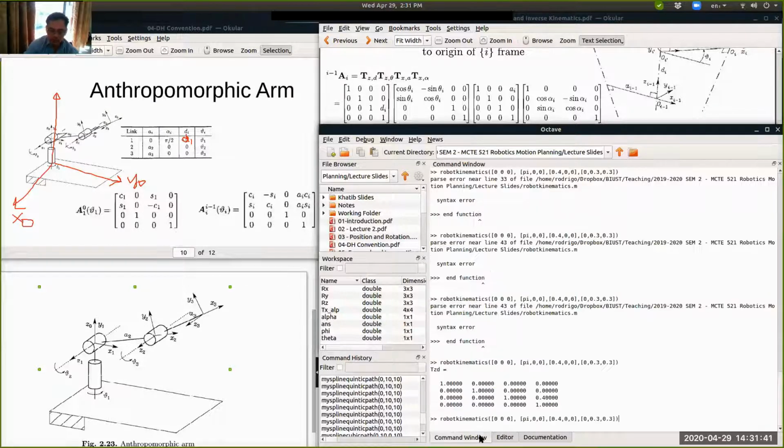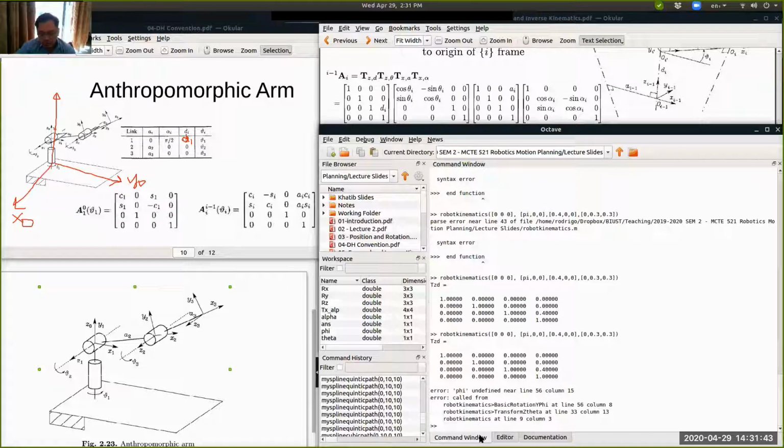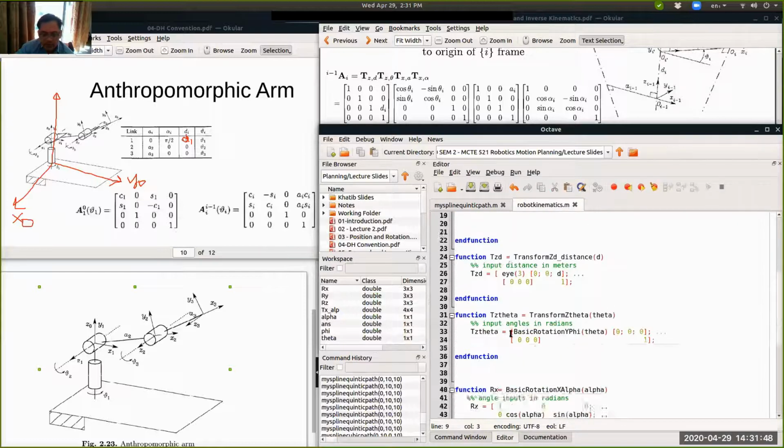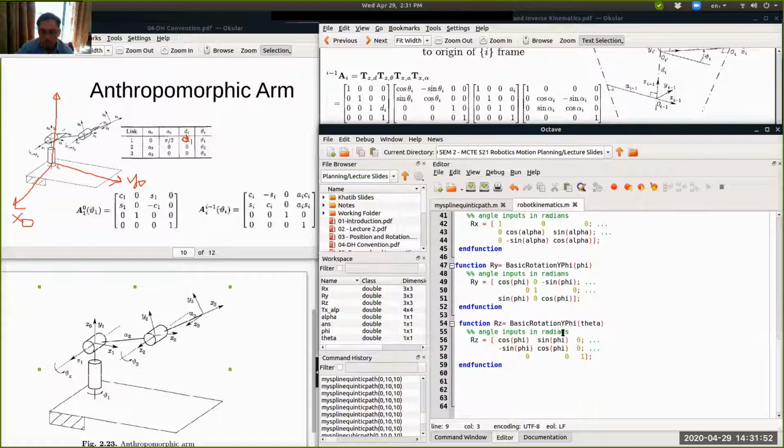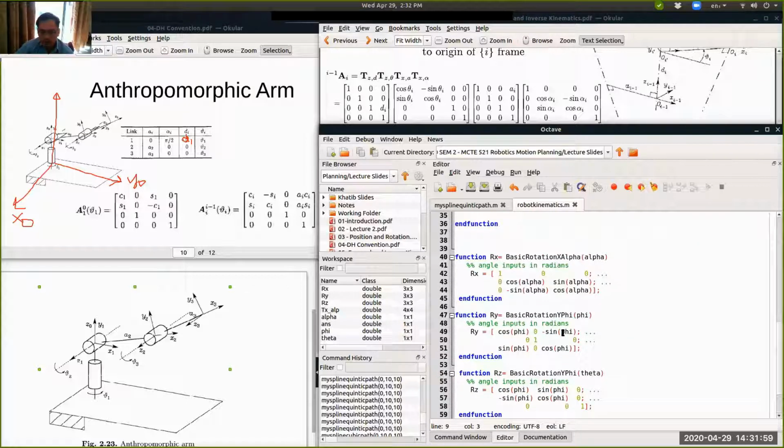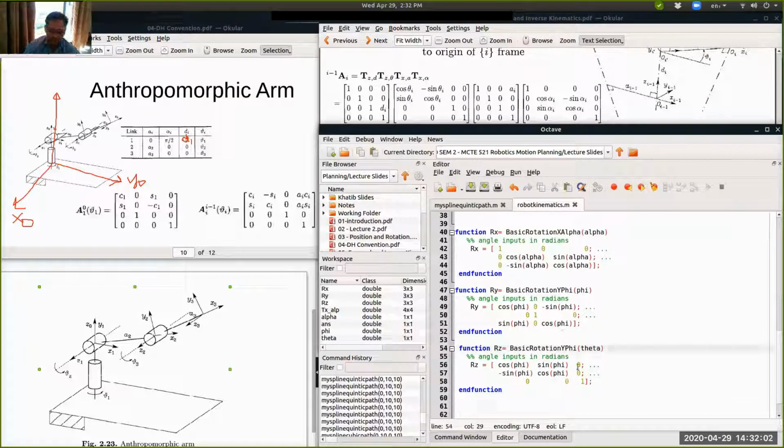Then they should have phi. Line 56. This is rotation Z. Rotation Z by, what's wrong with this one? I didn't correct it, theta. So Z by theta, and I didn't change that.